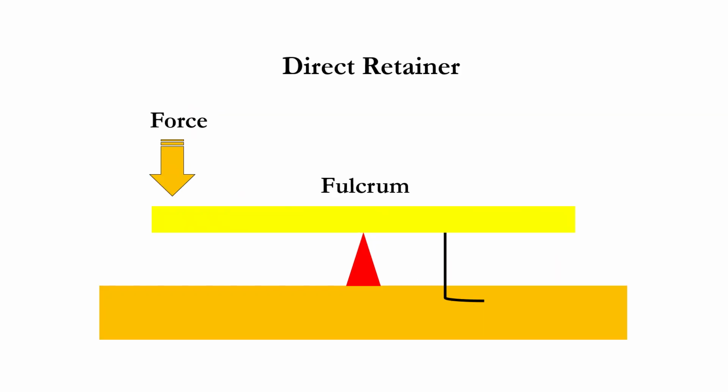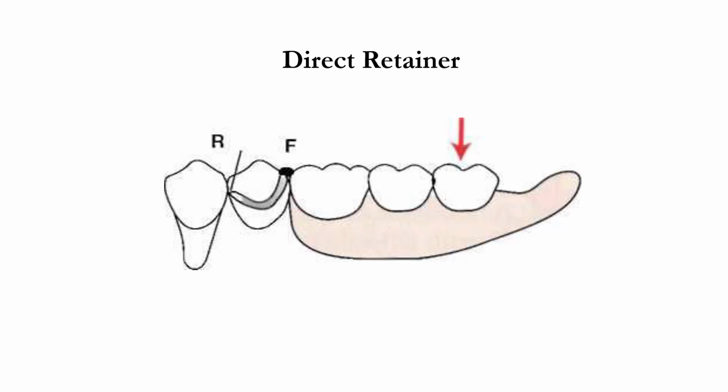To counteract the movement towards the tissue, we have a hook on the opposite side. This is a direct retainer, which is taken care of by the clasp assembly in a partial denture.